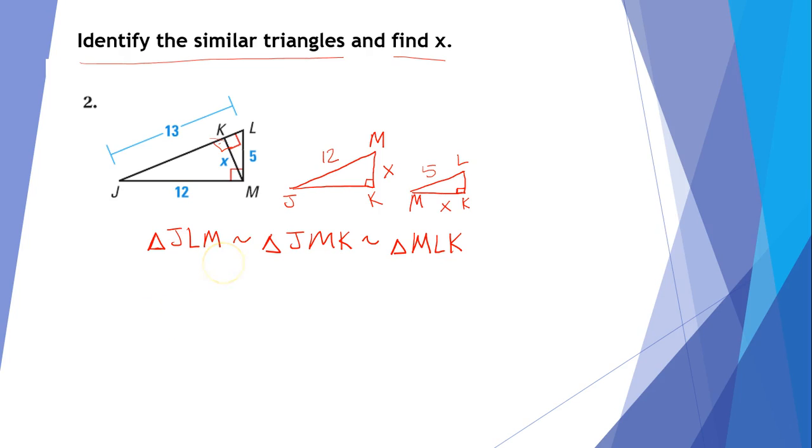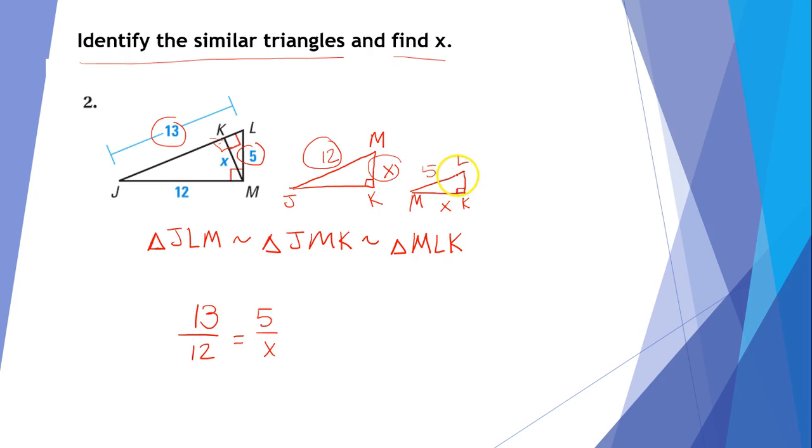And now let's find x, not necessarily identify. Okay, with setting up our corresponding sides in a ratio and then set equal to each other. So here I'm going to say 13 over 12 is equal to 5 over x. Now we don't have to go over here and do anything with the smaller triangle.